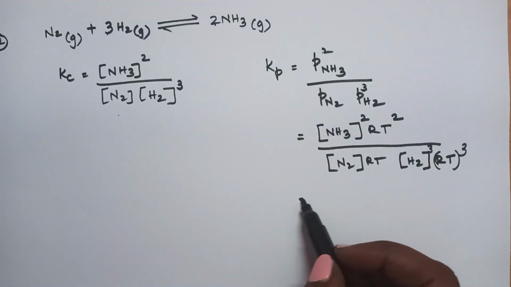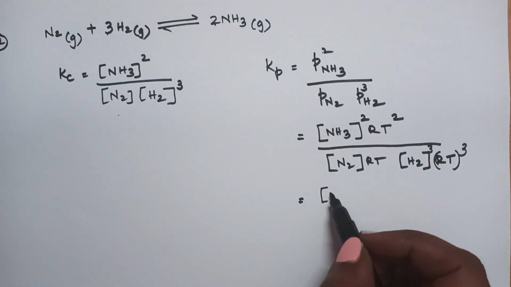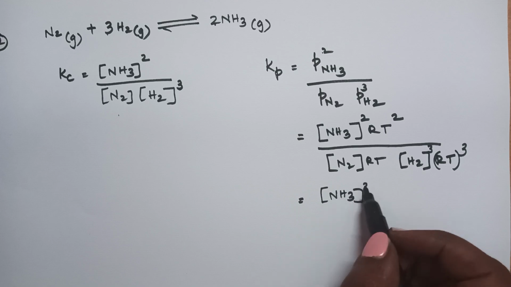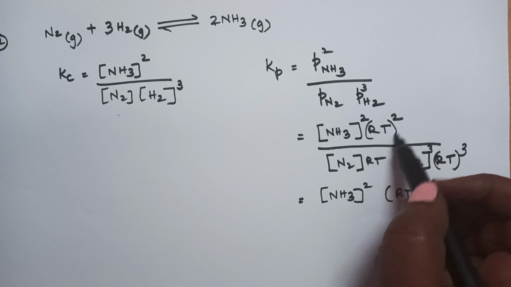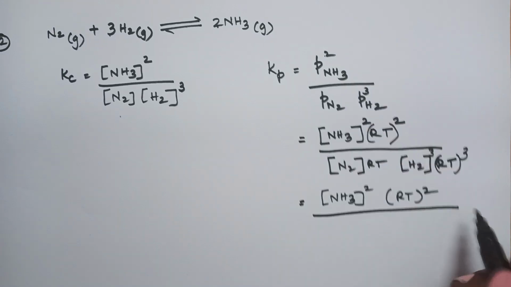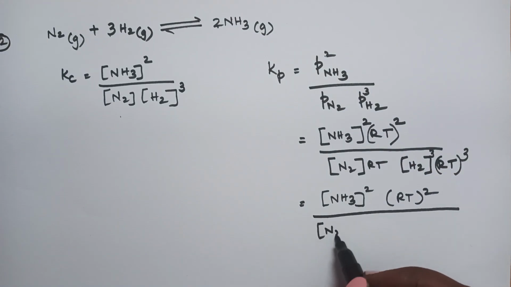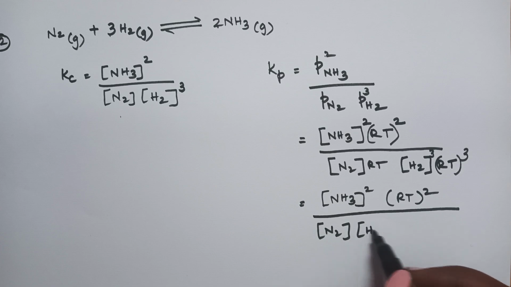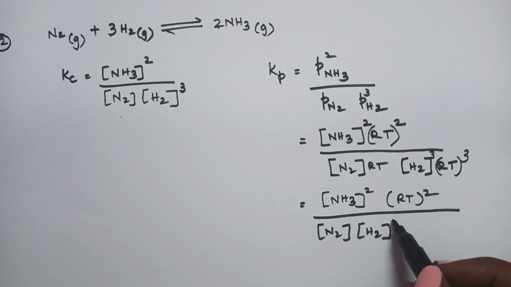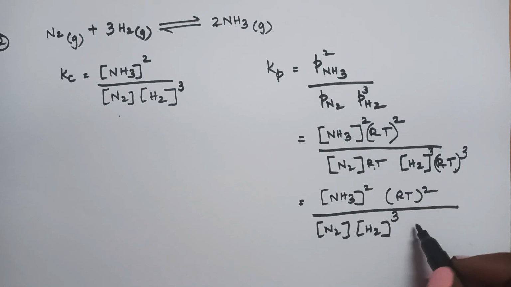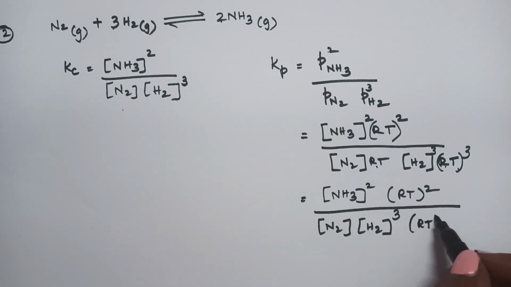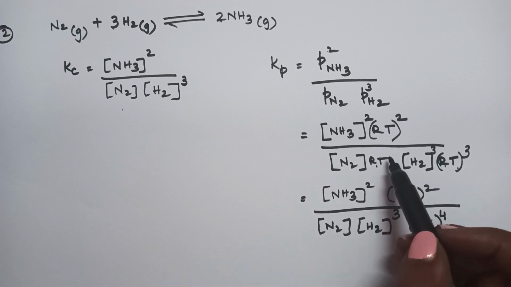So now this is equal to NH3 square, RT square. So square is for RT, divided by N2, H2 cube and then RT into RT cube. So this becomes RT to the power of 4. So add the power.